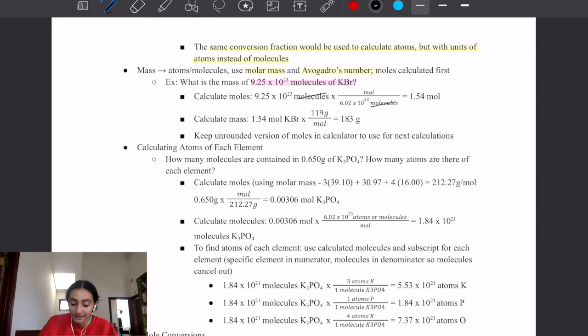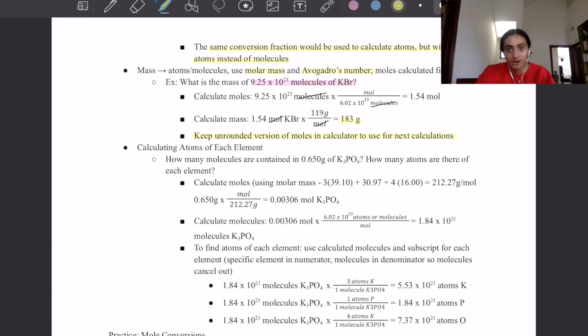And these moles can therefore be used with the molar mass, and the moles cancel out and we can get grams. So moles is kind of like the in-between stage in between mass and molecules. And also, if you're doing multiple calculations, keep the unrounded version in your calculator to use for further calculations.